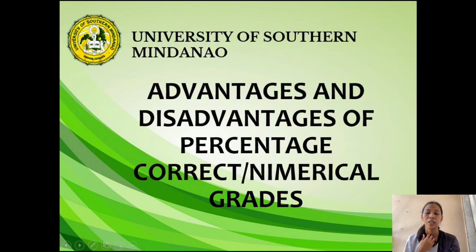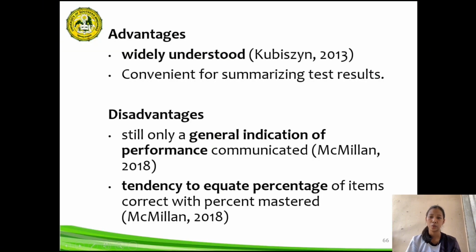So the advantages and disadvantages. Advantages of this is it is widely understood according to QBC 2018. Students and parents and teachers easily interpret numerical grades. For example, 95 out of 100 shows a higher achievement than 75 out of 100.